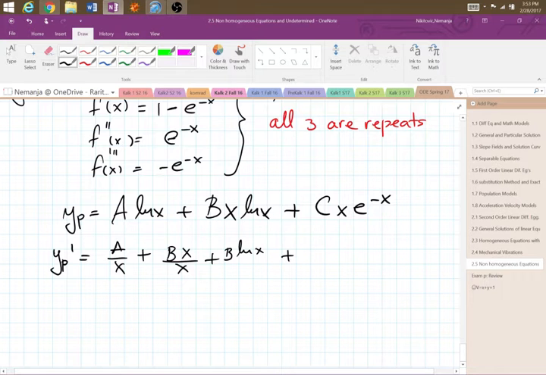plus another product rule, copy the first times derivative of the second. So that's going to be -1 e to the negative x, plus copy the second derivative, this is c. So e to the minus x divided by c.